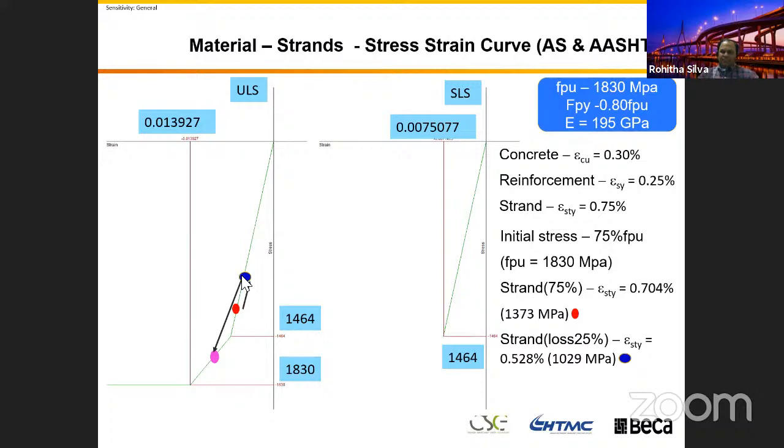That push will allow your strain to develop more strength, and you can come up to this pink point. This is the arrow. This blue point to pink point can vary according to the load on the bridge.